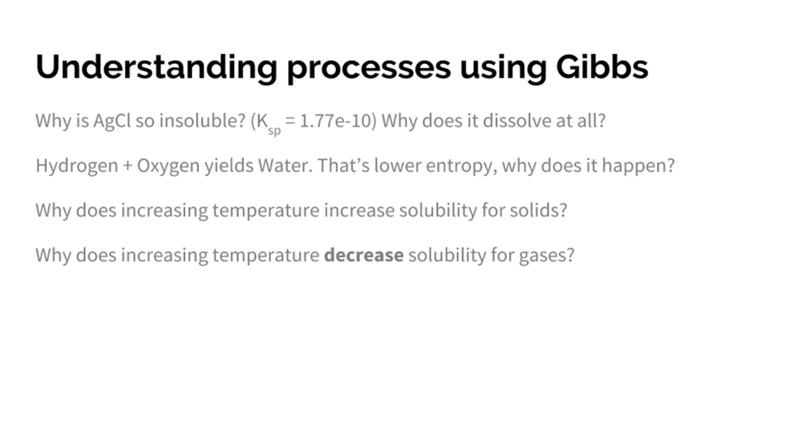So that means that higher entropy processes will be more likely to happen at higher temperatures. Dissolving in solution is something that increases entropy because you're going from a solid to an aqueous thing. So increasing temperature is going to increase solubility for solids.